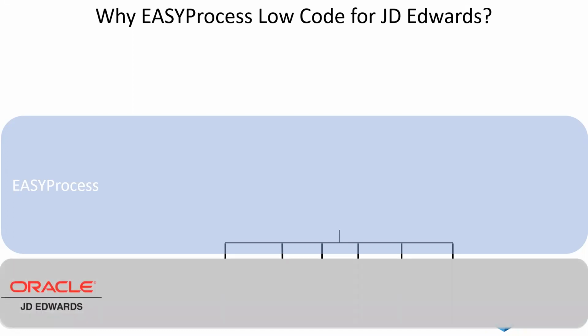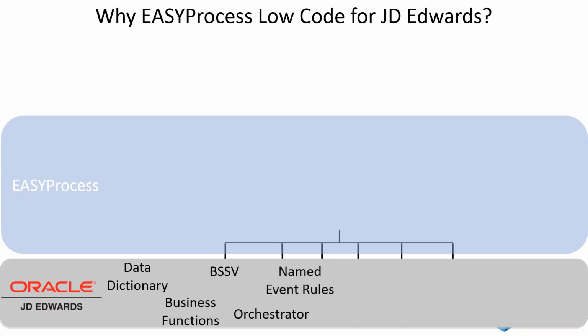If you're running JD Edwards, what do we connect to immediately? So the data dictionary, so we have access to all the tables. We can connect to your business functions, BSSV. We connect to Orchestrator for the people who are running Orchestrator. But we also do all the little tiny things, the interesting parts of JD Edwards that are unique to JD Edwards, like named event rules, status code translations, Julian date conversions, media objects, UDCs, and Z files.